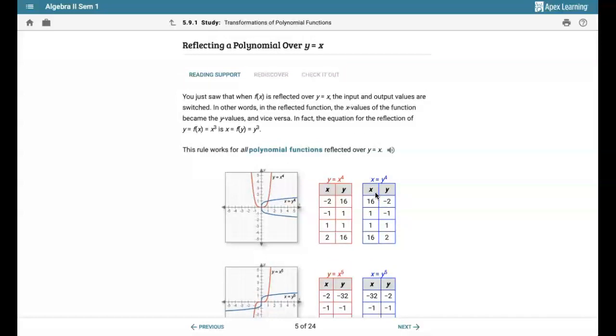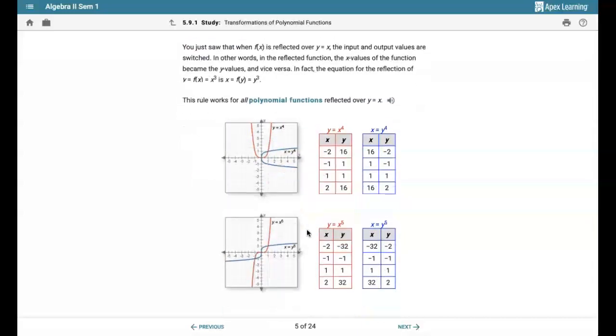If we look here at y equals x to the fourth, it fails the horizontal line test that we talked about, so the inverse of it is not a function. Versus this one here, x to the fifth, that would pass the horizontal line test, and when it's reflected, that inverse is also a function.